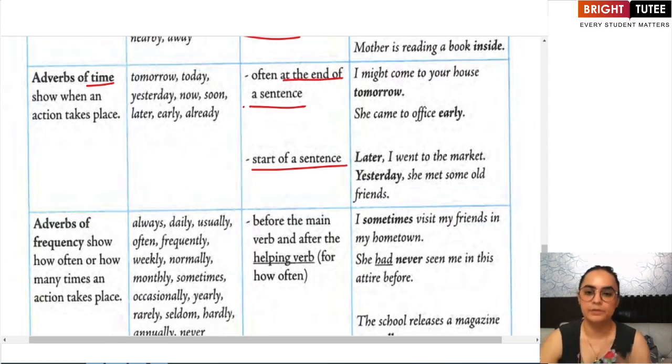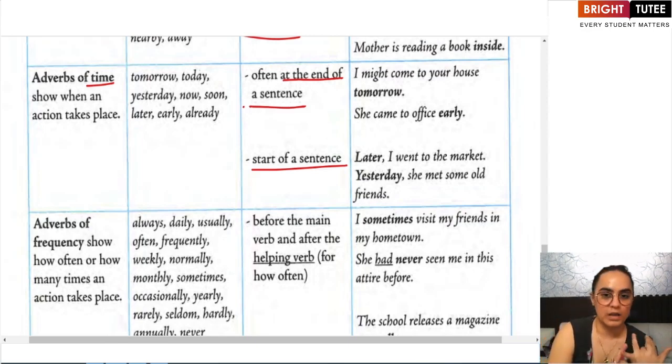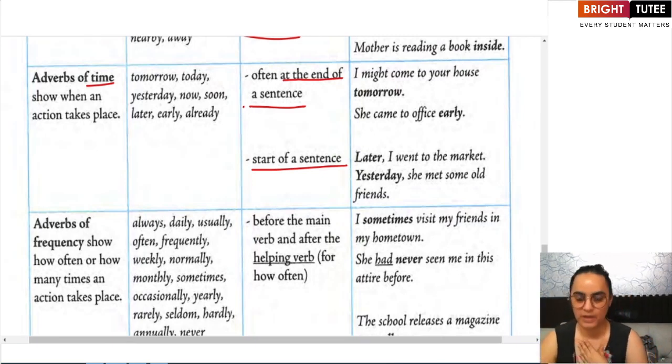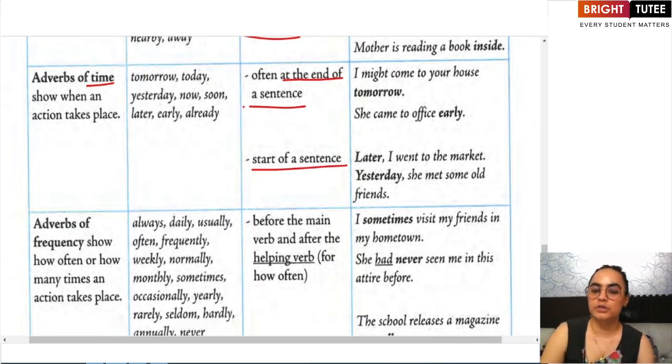For example, tomorrow I will get my new pen, or I will get my new pen tomorrow. Earlier, I would play for 2 hours, or I would play for 2 hours earlier. So either I use an adverb of time at the beginning of the sentence, or I use it at the end.